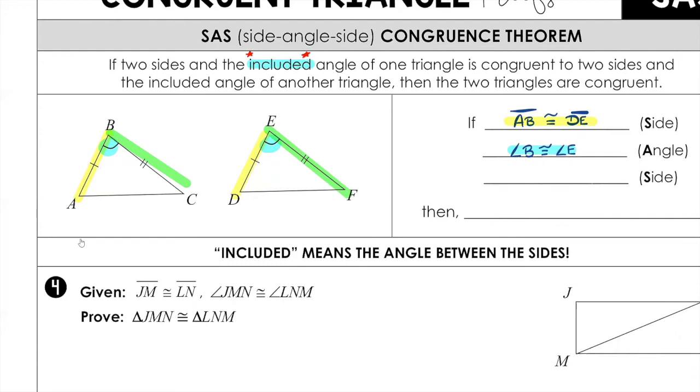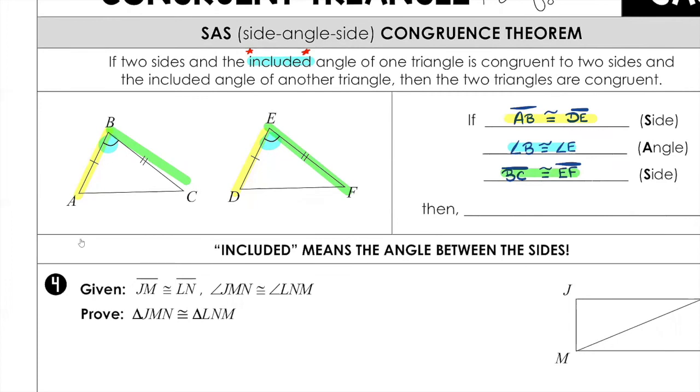That means that because we have two congruent sides and the included, no such thing as angle side side. We're not talking about it. It's got to be the one where my two congruent segments come together.